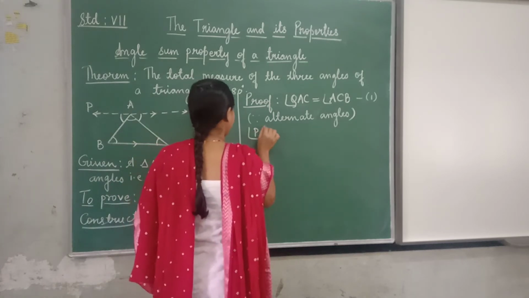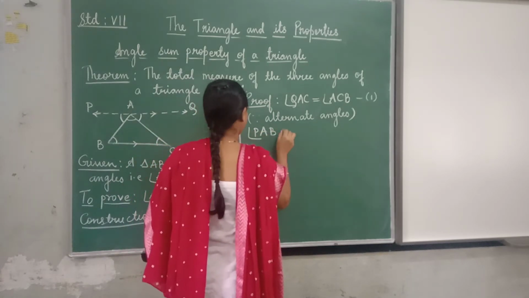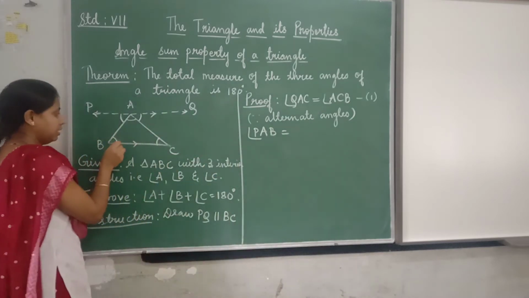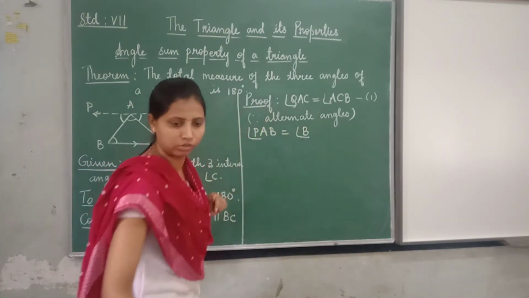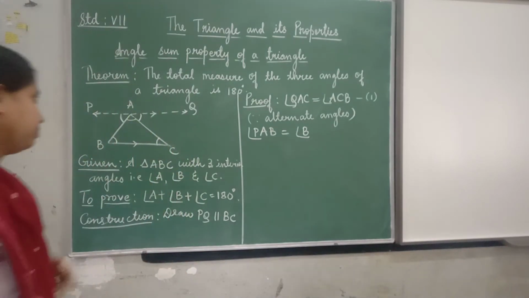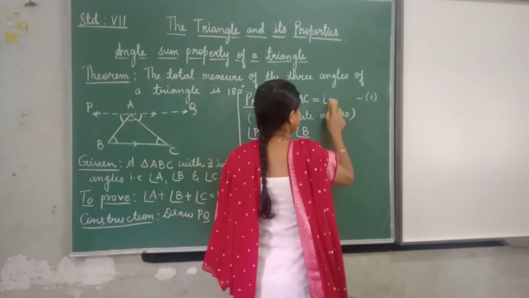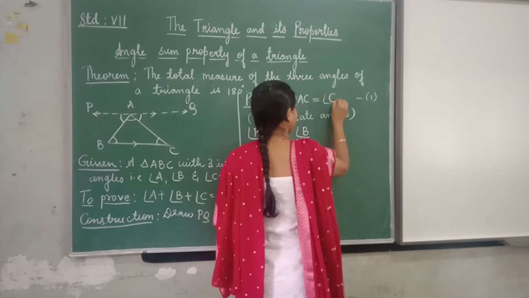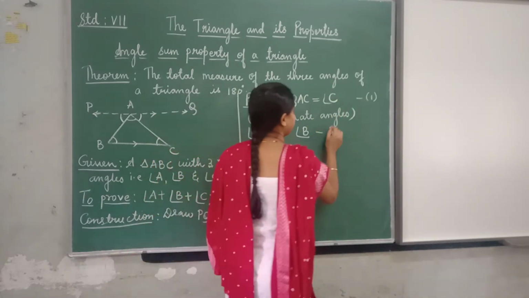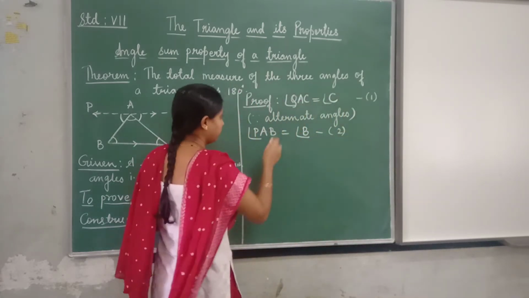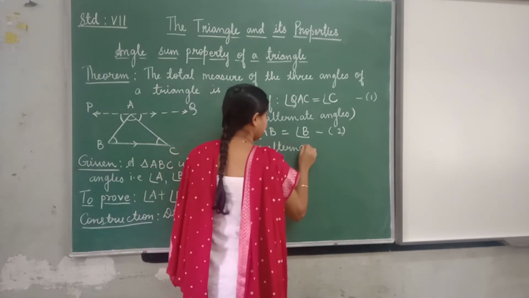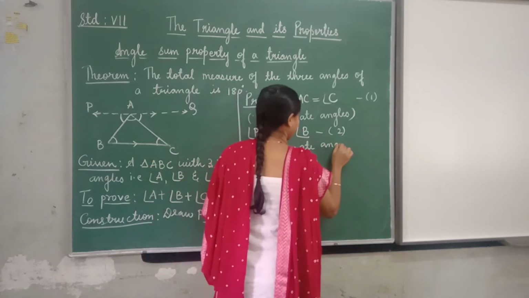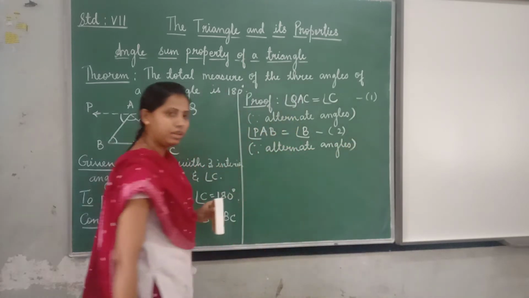You can also write only angle B, and here also only angle C. So this is equation 2, and the reason is again that alternate angles are equal.